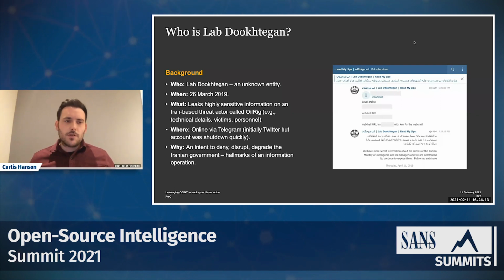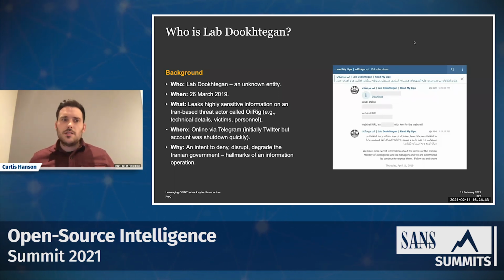For us in the cyber threat intelligence world, we had known about OilRig and had been tracking them for many years. But Lab Dookhtegan comes out of nowhere and says, hey, this threat actor is part of Iran's Ministry of Intelligence, and I can prove it, and starts dropping technical details and tools as proof, the victims they had, and even the personnel, the operators doing the hacking. So these are quite scandalous and huge allegations.